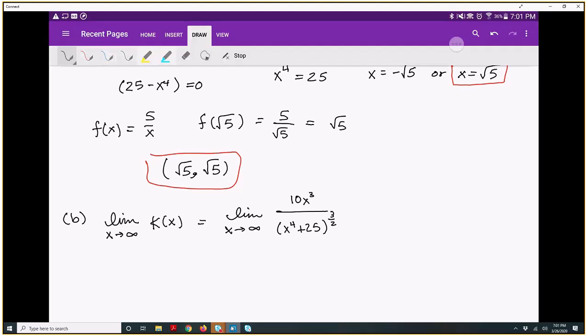Now we could analyze this using L'Hopital's rule, but if we just take a quick look, it looks like the power of x on the bottom should be 6, whereas the power of x on the top is 3. So I'm just going to say this is 0 because the bottom grows faster than the top.